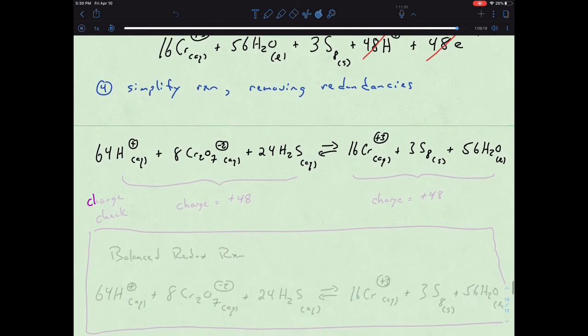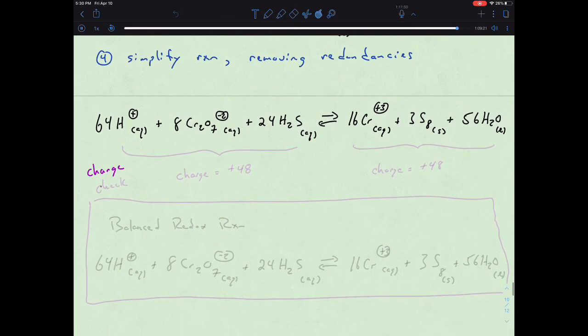We can do the charge check to make sure that we're still good with our charges. Just kind of a final test of where we're at. And we find that our charge on our starting material side would be equal to plus 48. Or we have plus 64 from the protons, each one plus 1. And then we would be subtracting off minus 16 as far as the 8 dichromates, each one being minus 2.